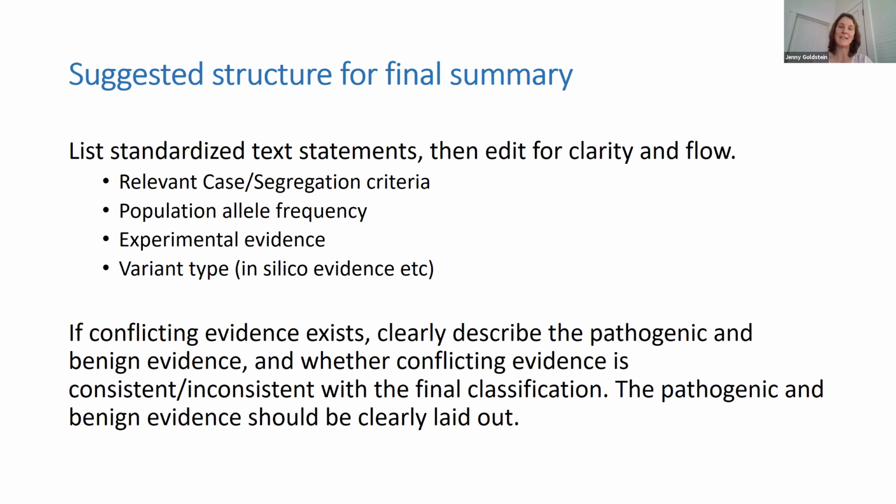That's really not inconsistent with the classification, but you would still want to mention it. And if there's enough conflicting evidence, the variant would maybe be described as a VUS. So you could make a statement like: there is conflicting evidence of similar weights each way, so this variant remains a variant of unknown significance. Just make sure that you're transparent about how you came to the particular classification.